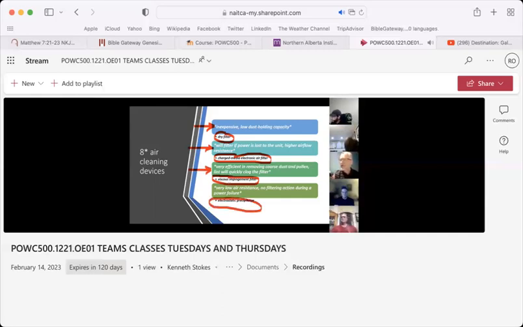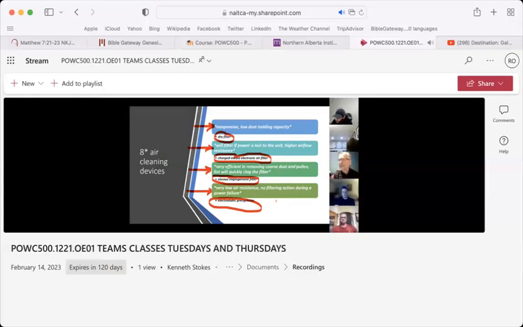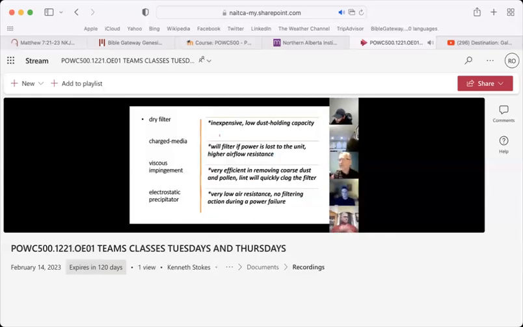And electrostatic precipitators have low air resistance. If the power fails, they won't continue to filter. And this is the same list, okay? So remember, repetition, pretty important.